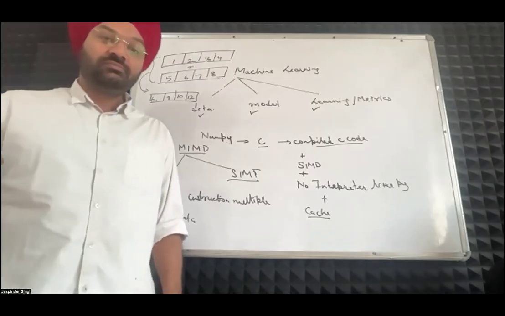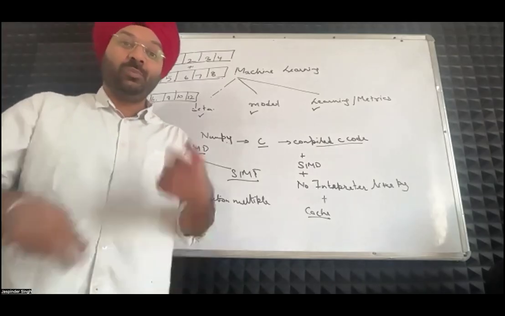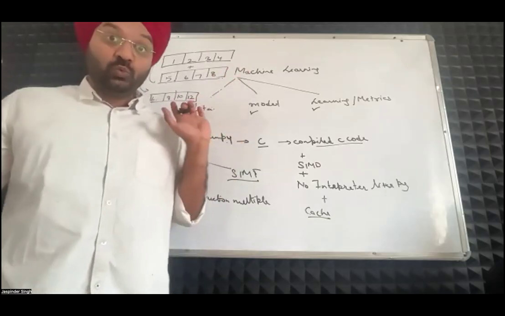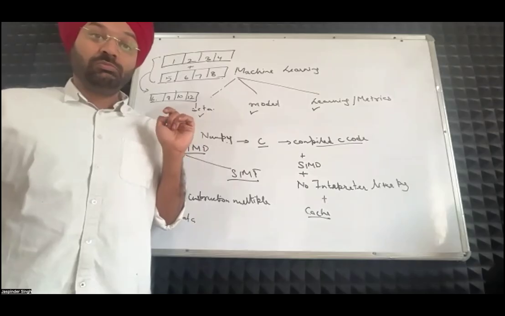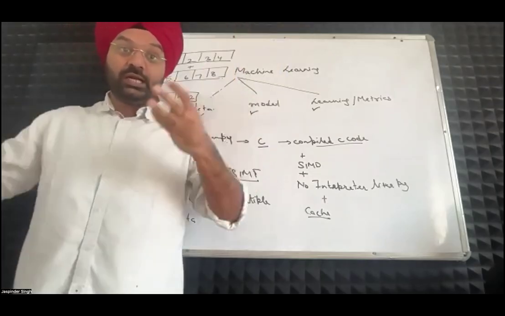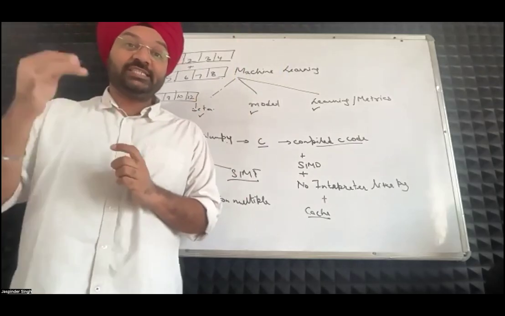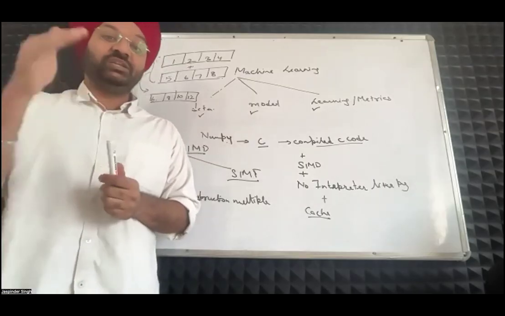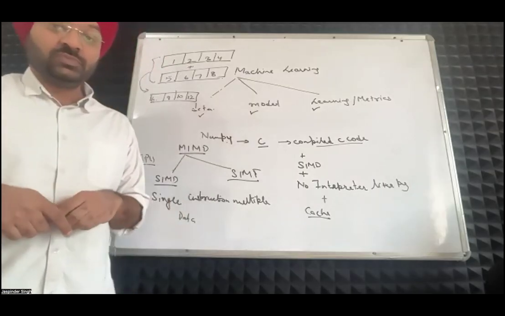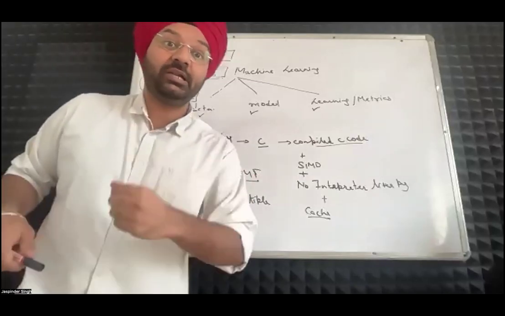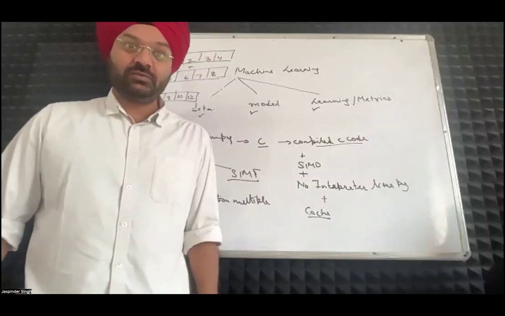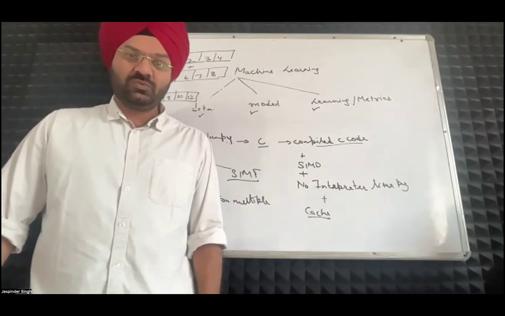Looks very rosy. But how many operations in parallel can we do? Can't I do 100? Can't I do 200? Who decides how many operations in parallel we can do? Single instruction, multiple. What's the multiple part? How much multiple? Who decides that? CPU.